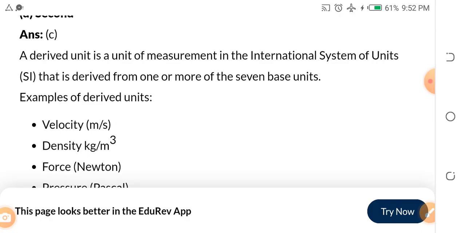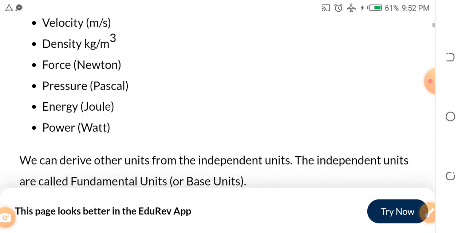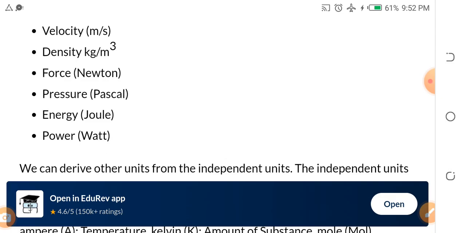Examples of derived units are velocity, that's meter per second, density, force, pressure, energy, and power. So these are all derived units.